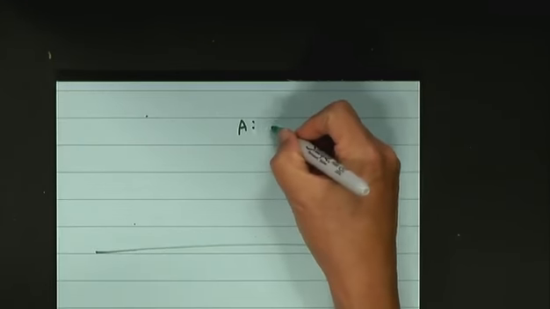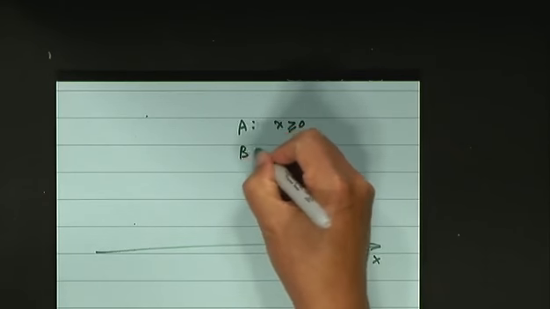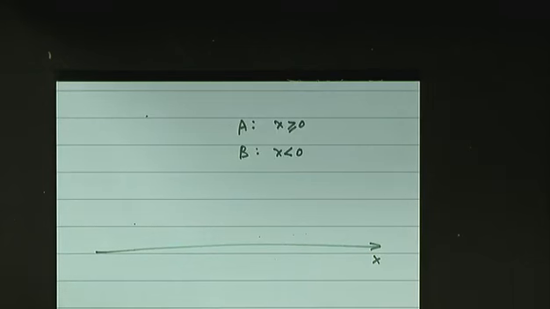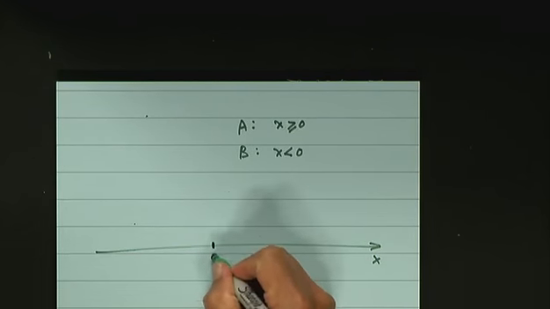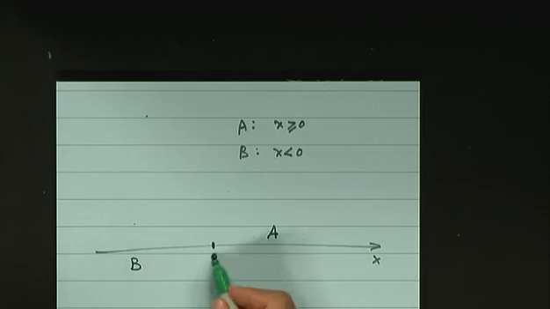The A region is x greater than or equal to 0, and the B region is x less than 0. In this case, the whole line can be divided into two parts, A and B. Here's 0, this side is A, this side is B. But then does 0 belong to A or to B?